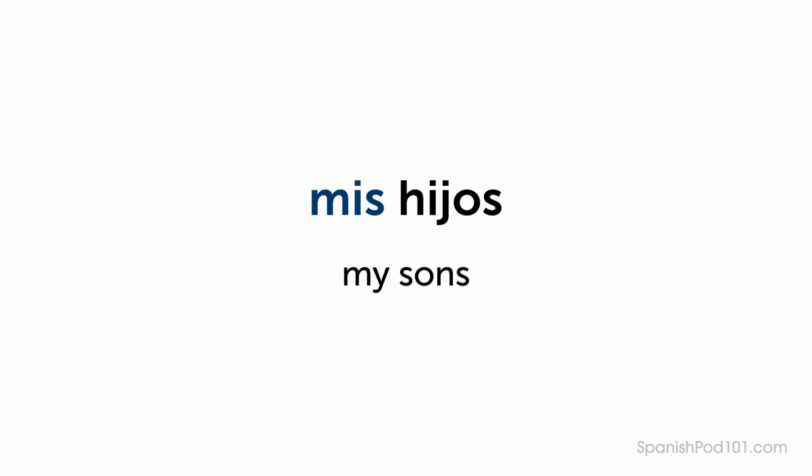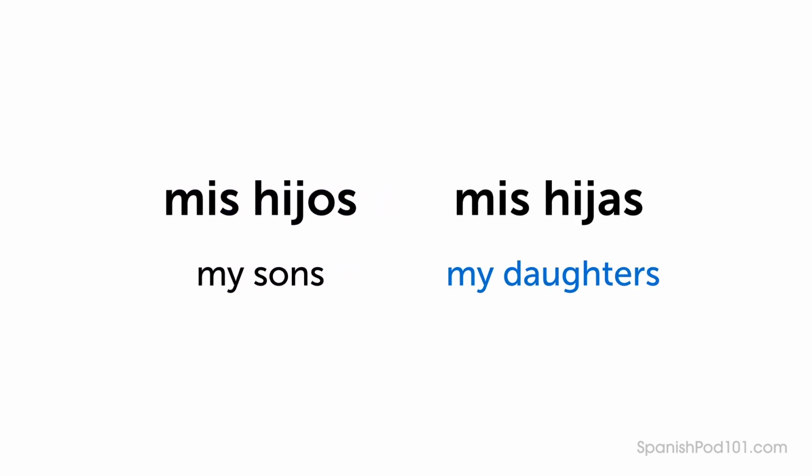Mis is masculine and plural to agree with hijos. Together, it's mis hijos, my sons. To say my daughters, mis hijas. You should be aware of the plural form, but we'll use singular nouns in this lesson.